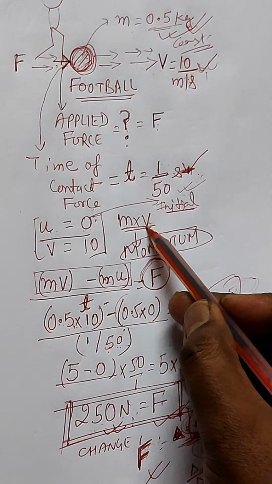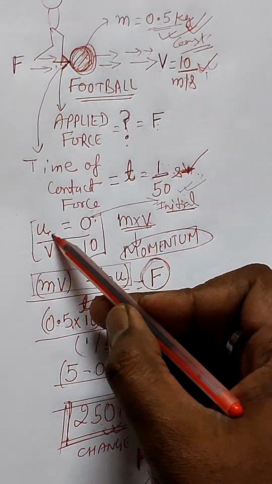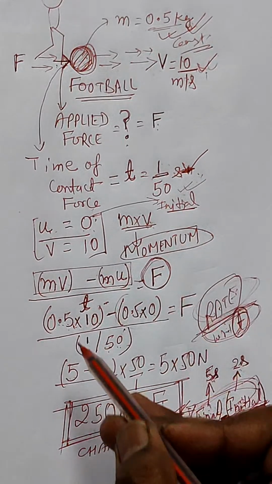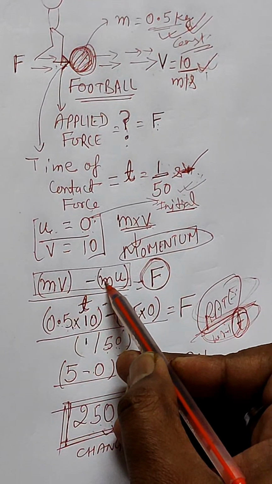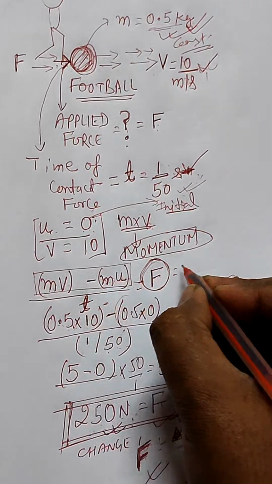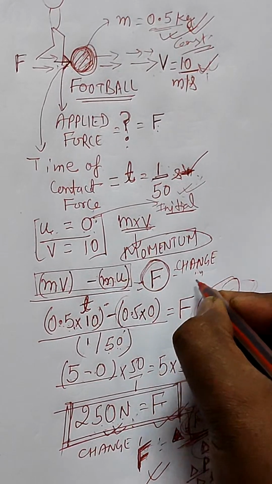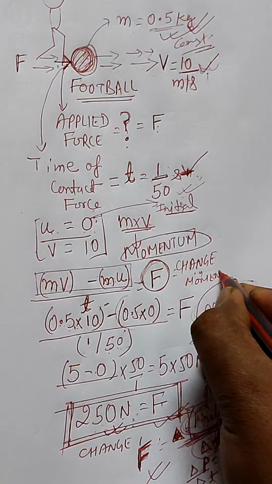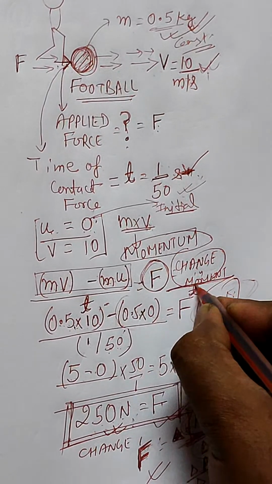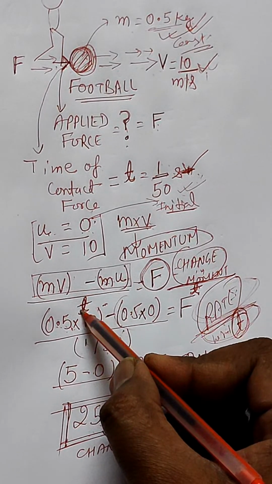When you put v as the initial velocity, u equal to 0, it gives the initial momentum. Final minus initial momentum gives the change in momentum. This change divided per unit time is the rate of change, that's why I divided it by time.